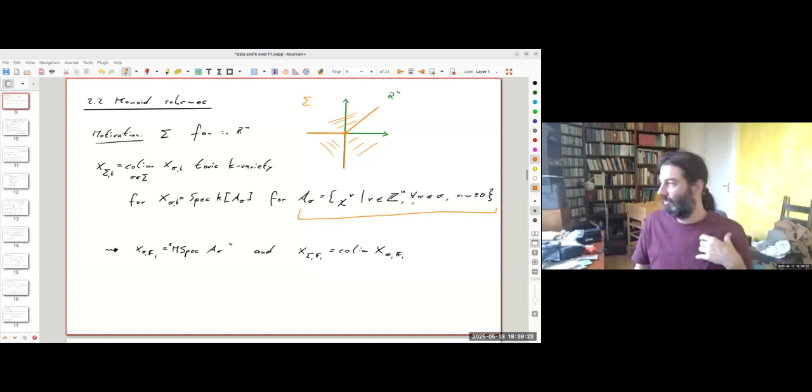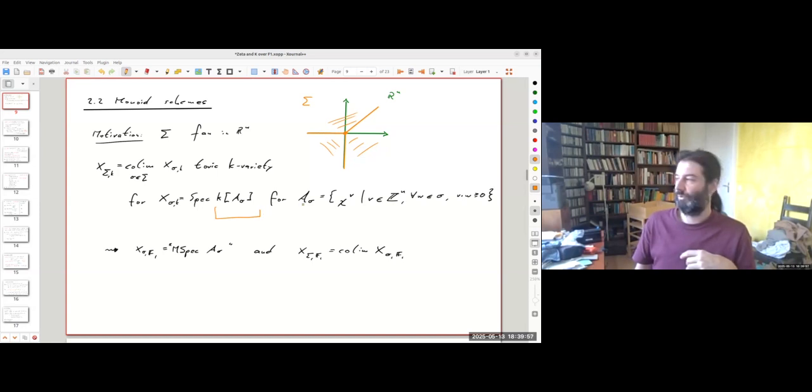Dual cone means that for every w in our cone sigma, v times w, the scalar product, is non-negative. I wrote this in the standard way, chi to the v, because we want to consider A_sigma multiplicatively. While it's a subset, a semigroup, it's not a group. It's actually an additive subset of Z^n, but we write it multiplicatively to make sense of this monoid algebra, because the semigroup operation becomes the product of the monoid algebra.